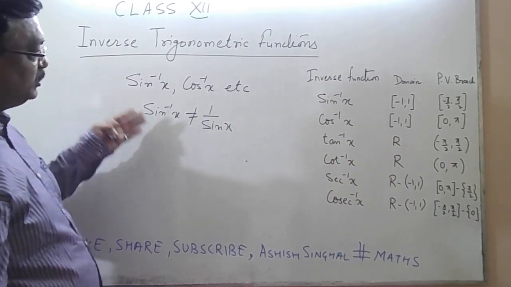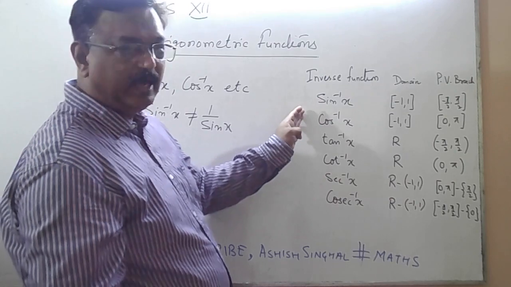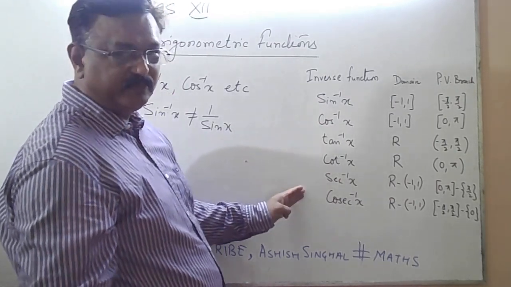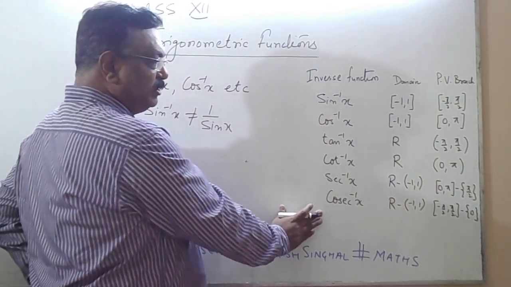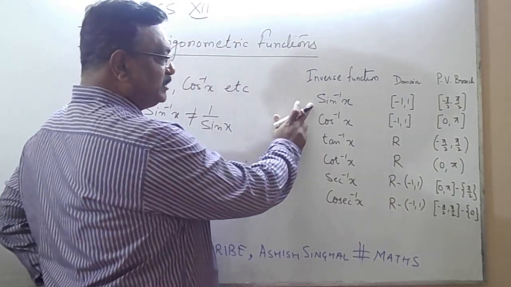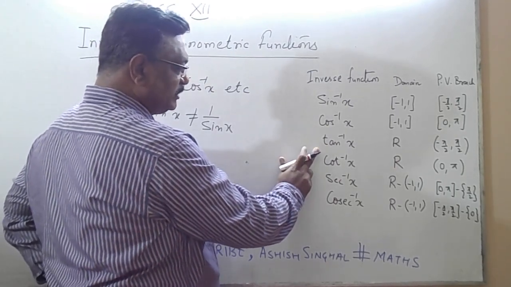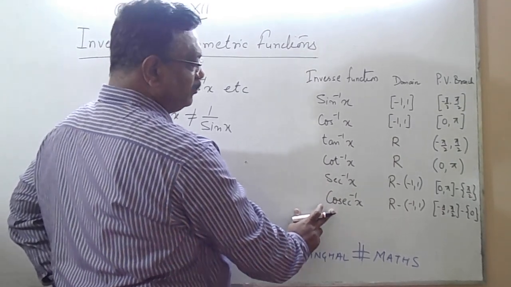Now, to proceed further, we need to remember certain domain and the principal value branches for the inverse trigonometric functions. We have 6 inverse trigonometric functions: sine inverse x, cos inverse x, tan inverse x, cot inverse x, sec inverse x and cosec inverse x.